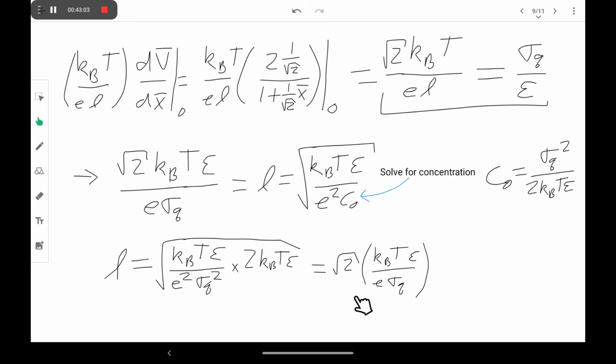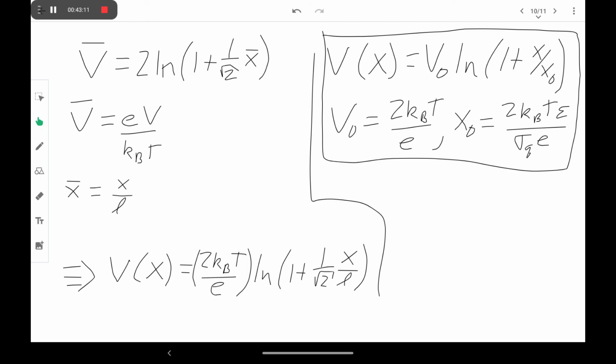It doesn't look terribly nice, but we do know it's still a length measurement. Okay, let's see how we can go further with it. Knowing our definitions, let's get this back from our V bar and x bar to our actual V and our actual x by making these substitutions back, and we have this equation here. Now this looks fine, it's not too hard.